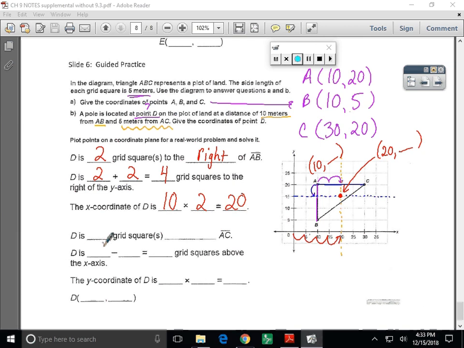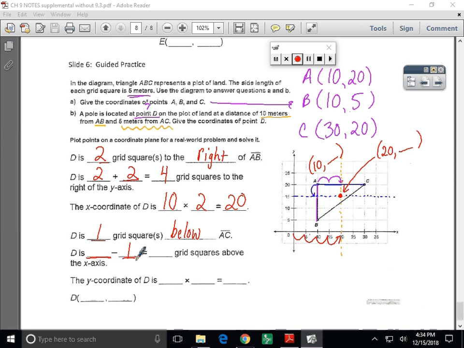It says D is blank grid squares to the something of AC. So here I had AC, and how many grid squares did we have to move away? Just 1, and we had to move 1 below AC. So in this situation, it's kind of like saying D is located at, we consider our original height, and we're going to take 1 away. So instead of adding 2, like we did last time for 2 grid squares, we're going to take 1 away.